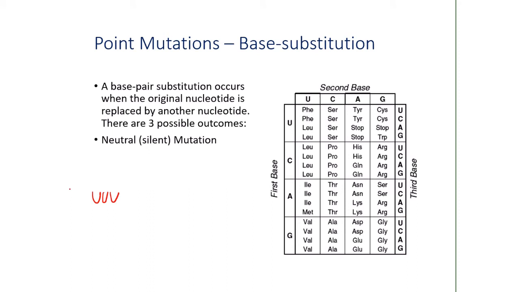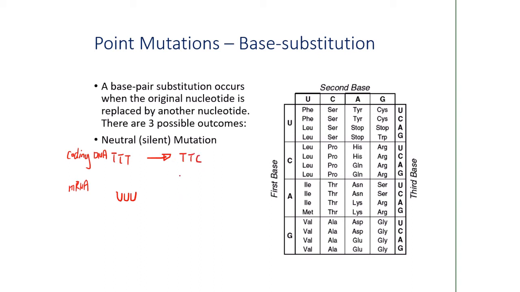I am doing it at the level of mRNA to make it easier to check on the codon chart, but you have to understand that for the mutation to be permanent, it has to occur at the DNA level. So on the coding strand, the UUU would have been TTT. Let's say the TTT in the DNA is mutated into TTC.